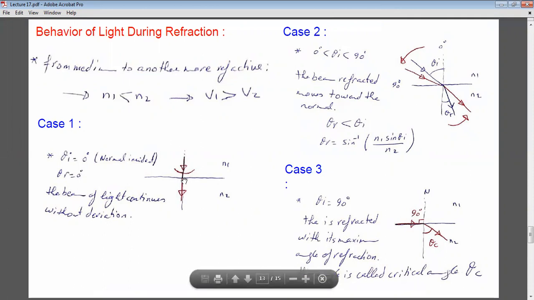If theta initial equals 0, theta r will also equal 0, no deviation. If the angle is between 0 and 90, the refracted angle will be toward the normal. And if theta initial is 90, the refracted angle will be called theta critical. We can obtain these angles by obeying Snell's law, which is n1 sine theta 1 equals n2 sine theta 2.